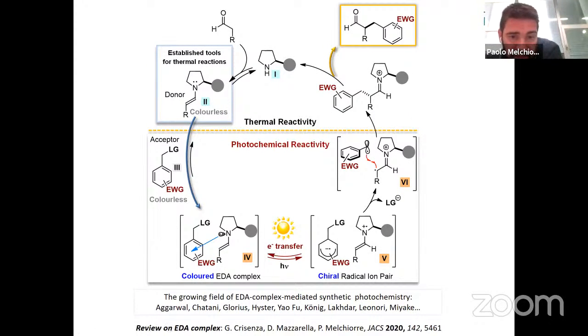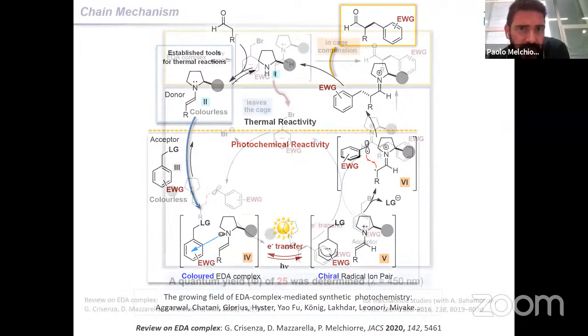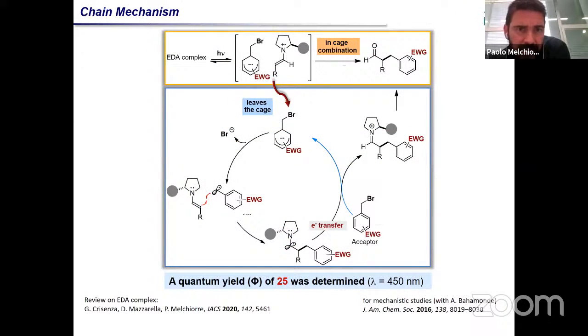Over time, recently, many other research groups around the world have identified many other strategies based on the photochemistry of EDA complexes to develop important synthetic transformations. So it seems that this strategy that is based on light activation can be very useful also in synthetic chemistry.